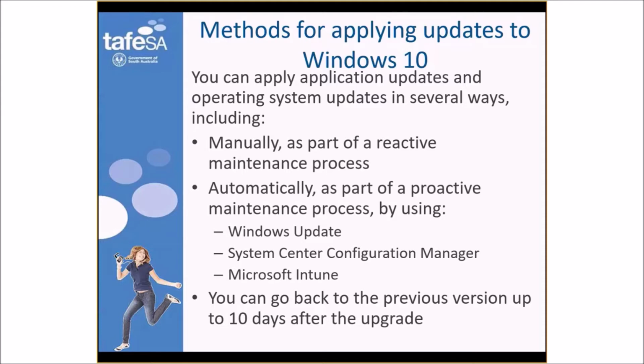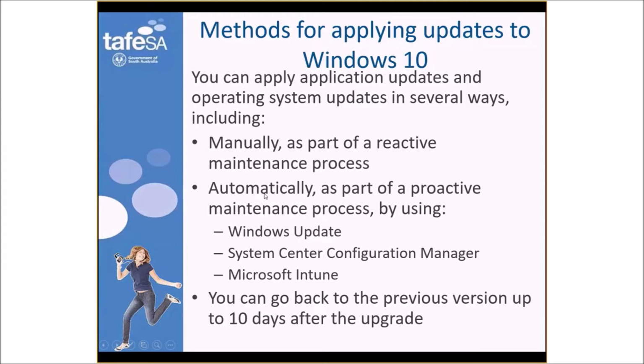You can apply application updates and operating system updates in several ways. One of the ways is manual, which is part of a reactive maintenance process. Reactive sounds not as good as proactive, doesn't it? Reactive really is after the fact. Proactive is before the fact. So manual is possible, but it's not necessarily the best way.